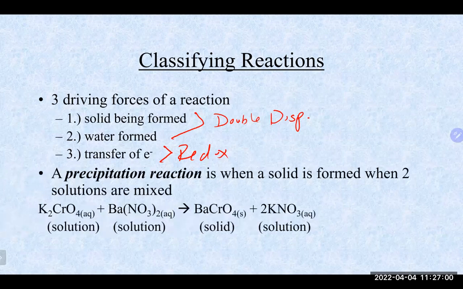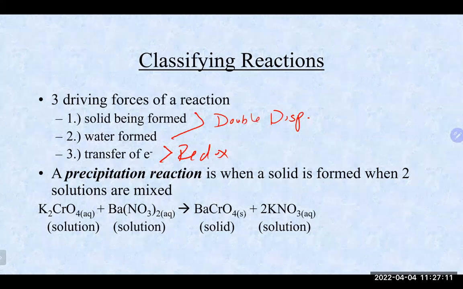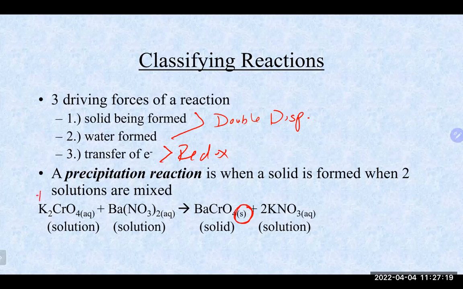Earlier we got into this, but a precipitation reaction is a double displacement reaction. As we saw, you take 2 things, and it is the solid being formed that makes it a precipitation reaction. A reminder, though, that it is still a double displacement reaction.